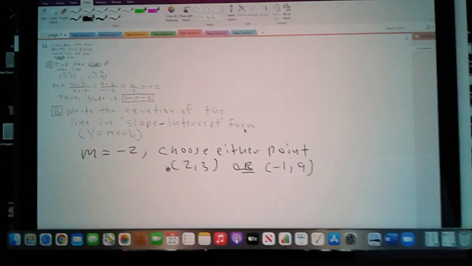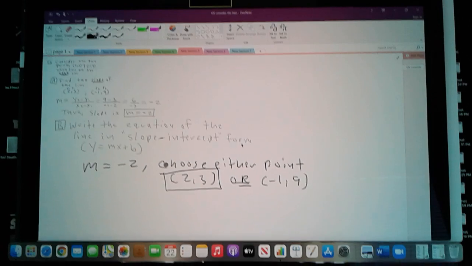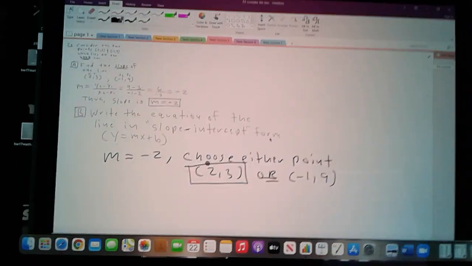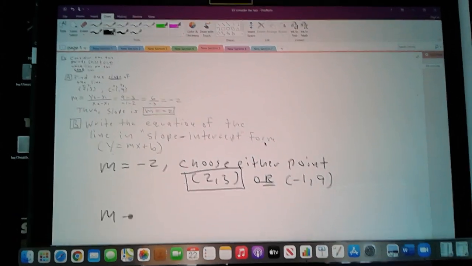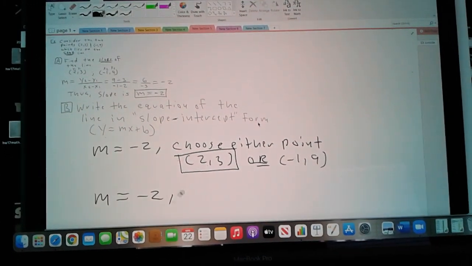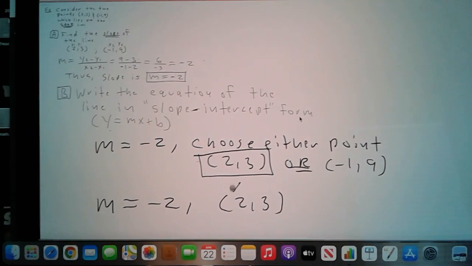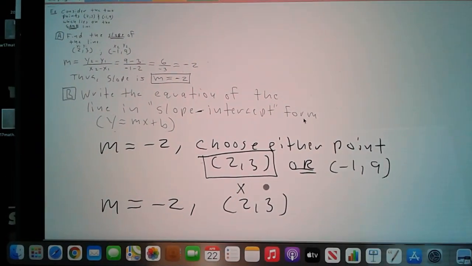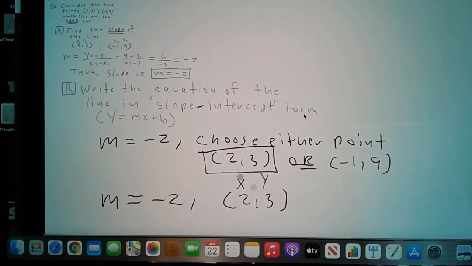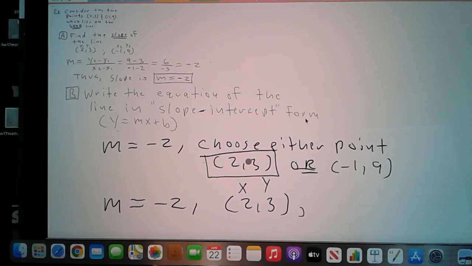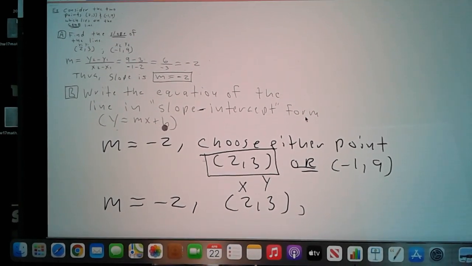So I'm going to choose this point over here. I could choose the other one too if I wanted, but I'm going to choose this one, 2, 3. So I know m is negative 2. 2 is an x-coordinate, which is my x, and 3 is the y value, which is the variable for y. So I have m, x, and y, but I don't have b.